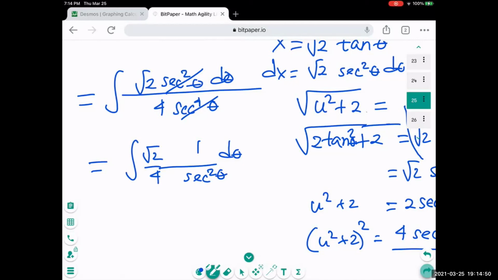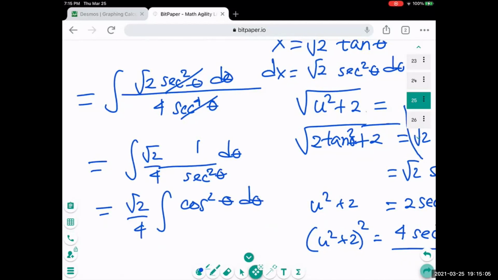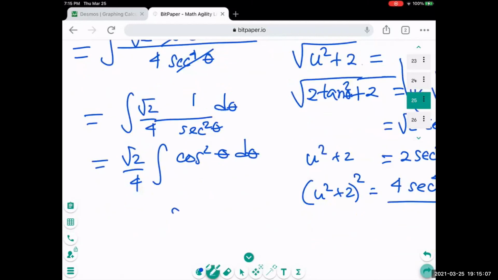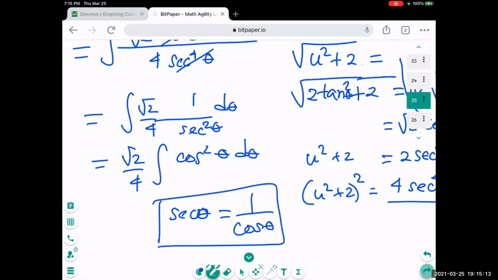That is equal to cosine squared, right? So, square root of 2 over 4 integral of cosine squared theta d theta, right? Because our trigonometric identity, remember, is secant theta is equal to 1 over cosine theta, right? So we just use it here to transform it into cosine squared theta.